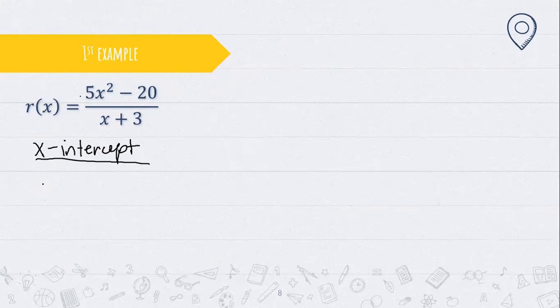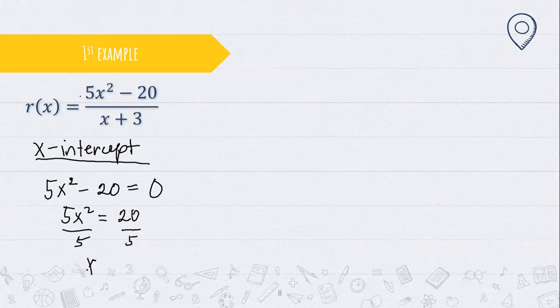So, ano yung numerator natin? 5x squared minus 20 equals 0. Kunin nyo lang yung numerator and then equate sa 0. And then, simplify. So, we have 5x squared is equal to 20. And then, divide both sides by 5.